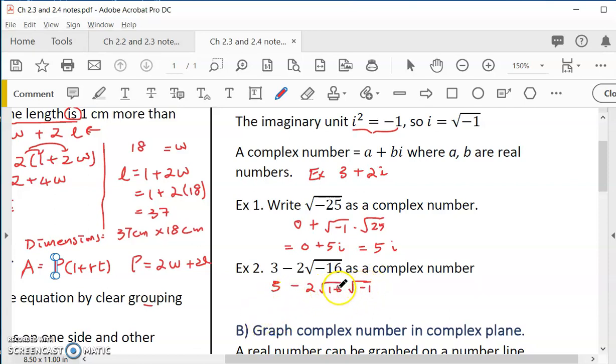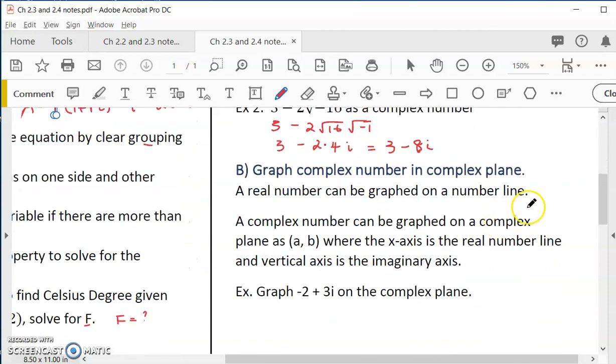The square root of 16 is 4, so it's 3 minus 2 times 4 i. We recognize that the square root of -1 can be denoted as i. So that would be written as 3 minus 8i. Now sometimes if it is not a perfect square, you can have some radicals left over also. So that is also a complex number.